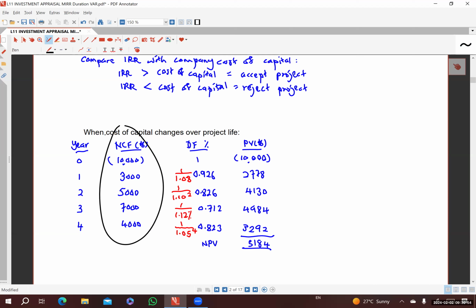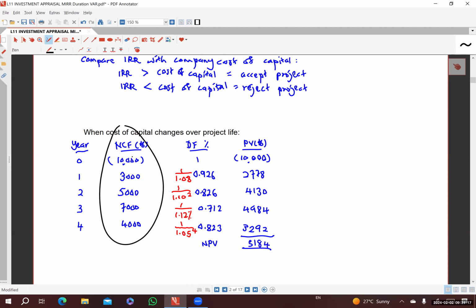The spreadsheet function I will show you in the revision class and in the tutorial class. You need to know spreadsheet functions for this paper to compute NPV and IRR. That is part of the professional skills that you need to know.